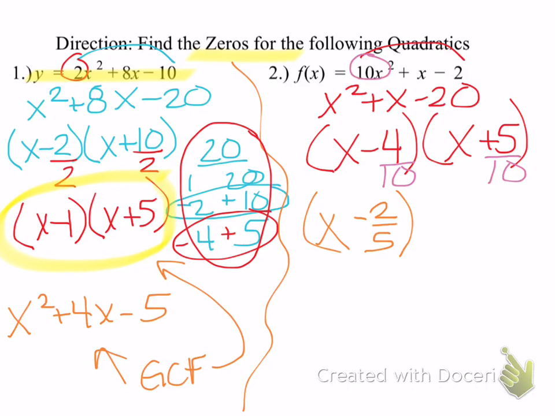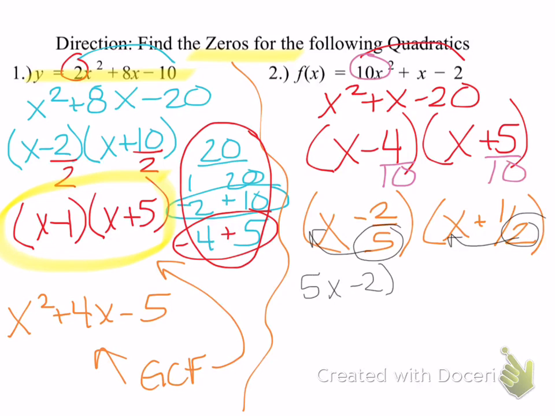So I have x minus 2 over 5. And then 5 over 10 is the same as saying x plus 1/2. Okay, so I reduce those fractions, great, but now I need to put that in front, put this in front. So my factors are 5x minus 2, and then 2x plus 1.